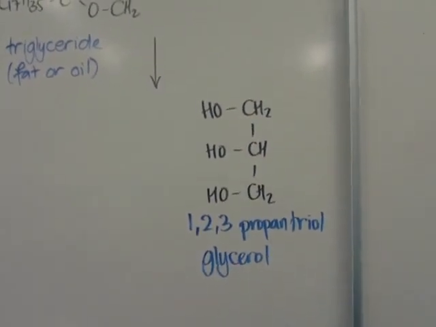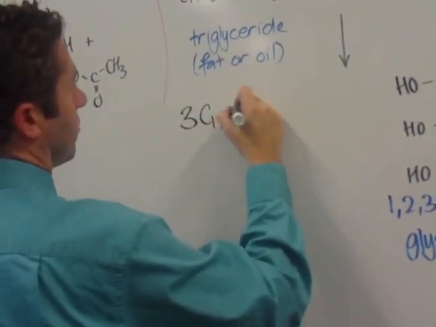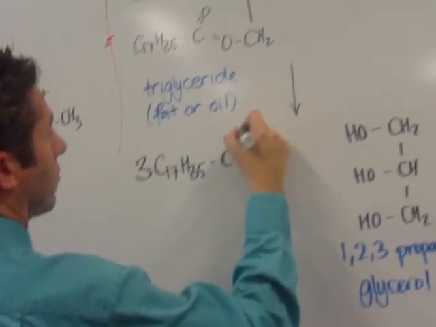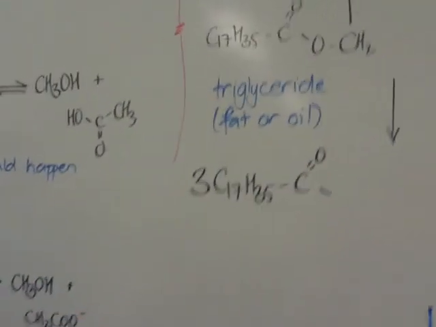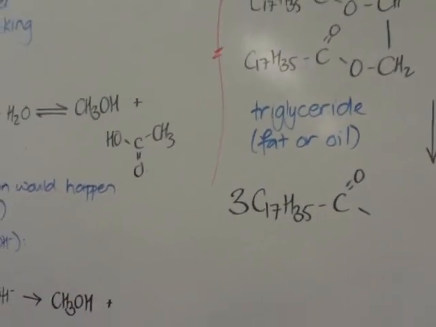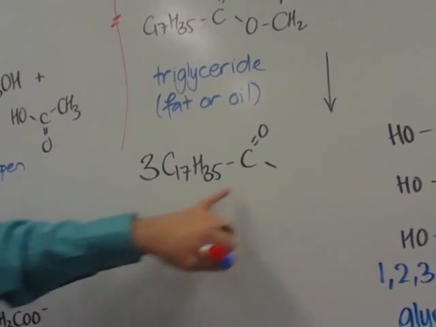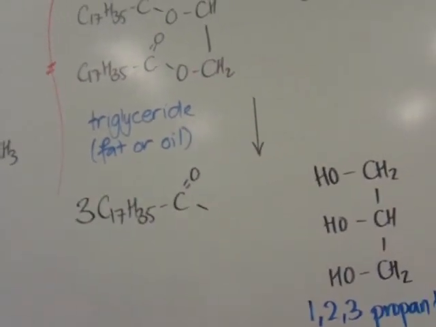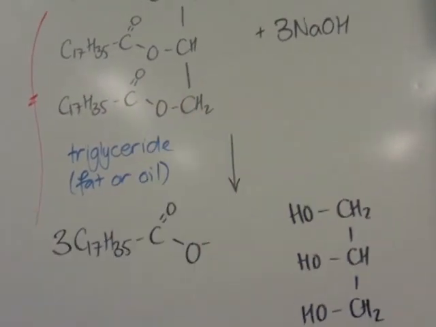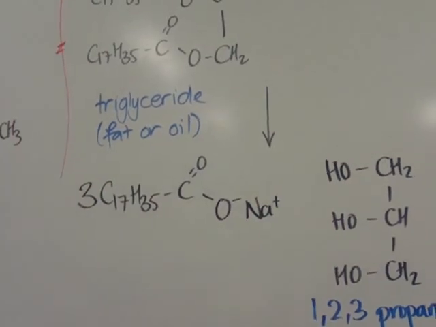The other thing it makes is 3 lots of, in this case, now I'm going to leave what's connected to that carbon, just to check if we can link it to this other stuff. You're reacting with a base, so what is it going to have bound here? O negative. O negative, good. What's going to happen to those sodium ions that are left over? They'll be attracted to it. This is your soap.